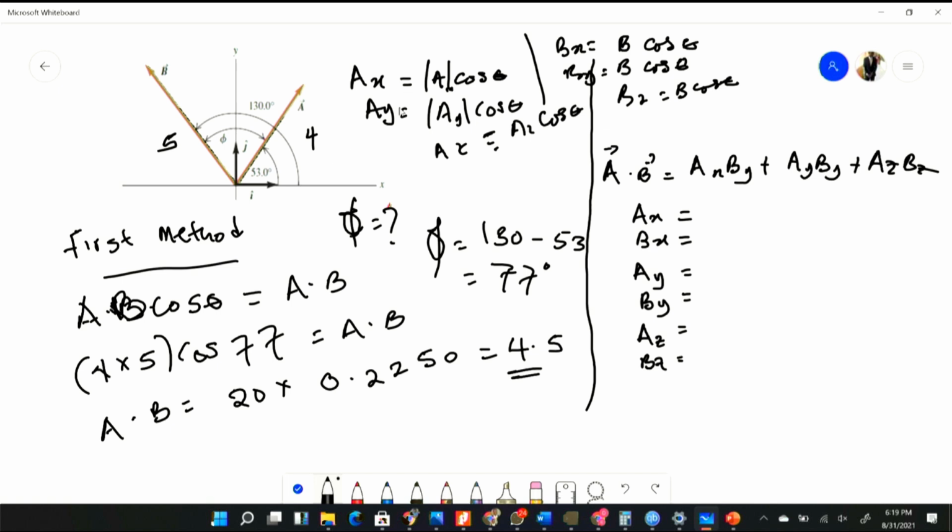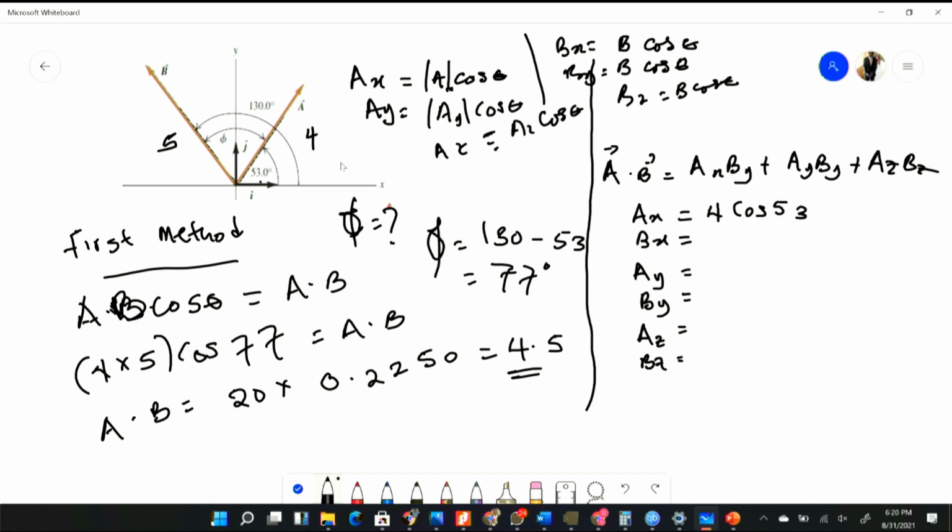And for my AX, what is my A? My A is given as 4 and cos of the angle is 53. So I have 4 cos 53.